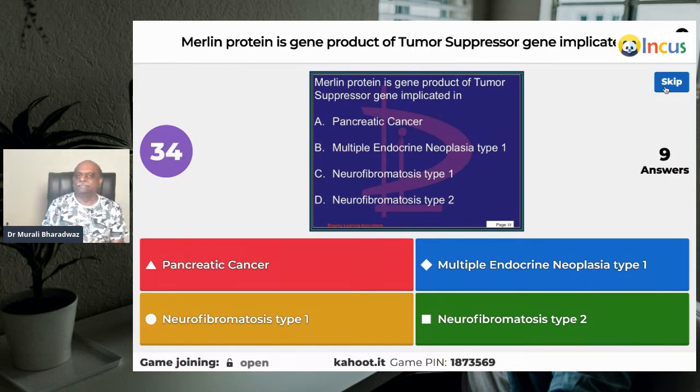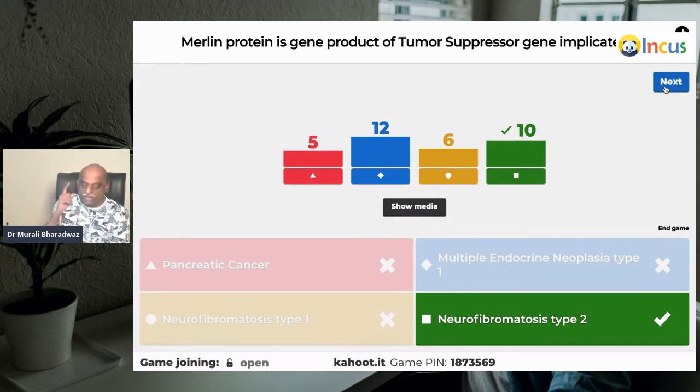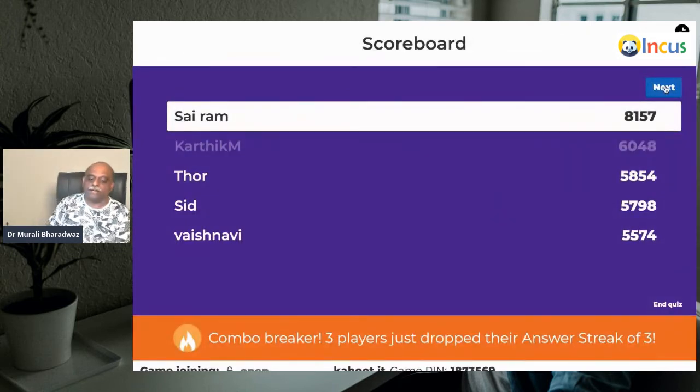Boom, boom, boom. Of you are right. It is neurofibromatosis 2, where Merlin is the protein which is implicated.